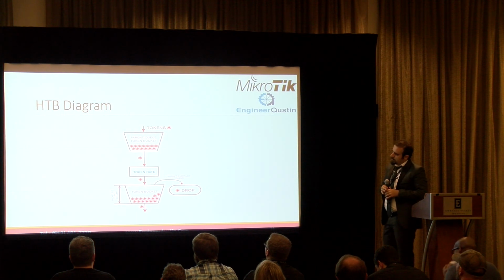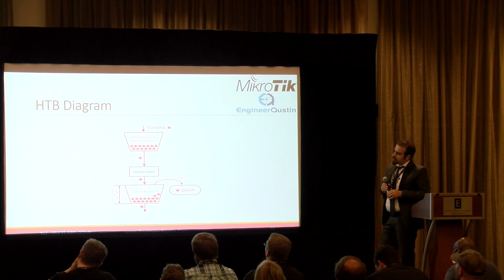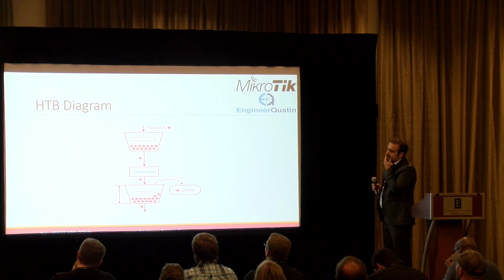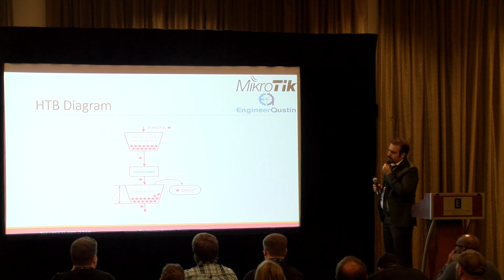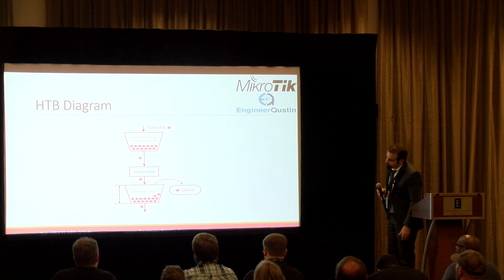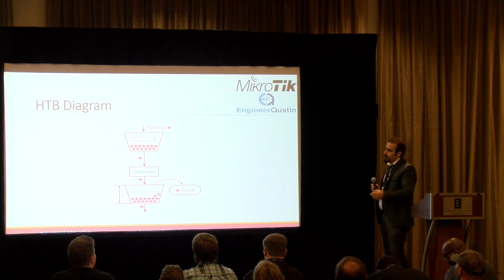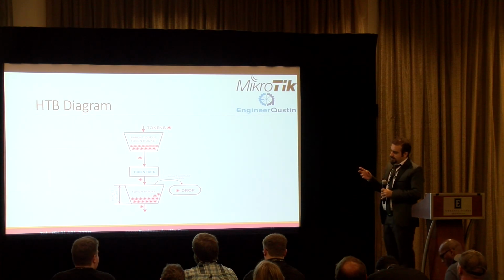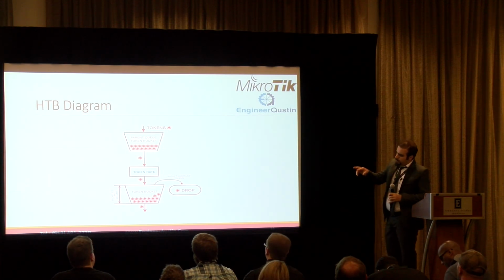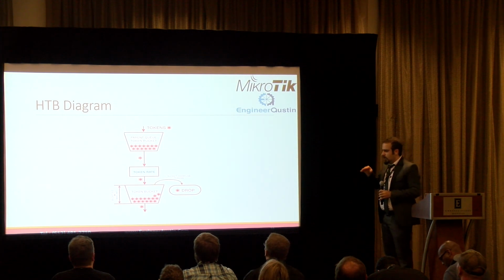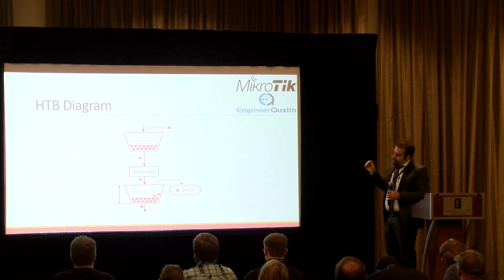As we discussed, the bucket capacity is equal to bucket size times maximum limit, or burst if burst exists. If the bucket capacity is full, the token will be dropped.